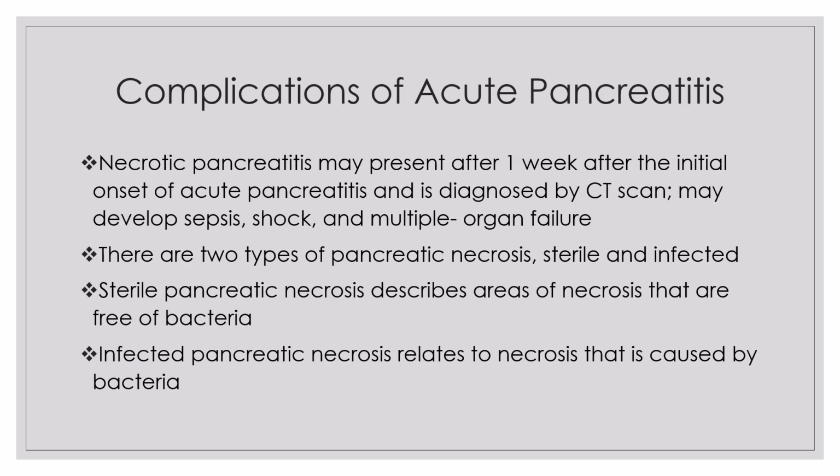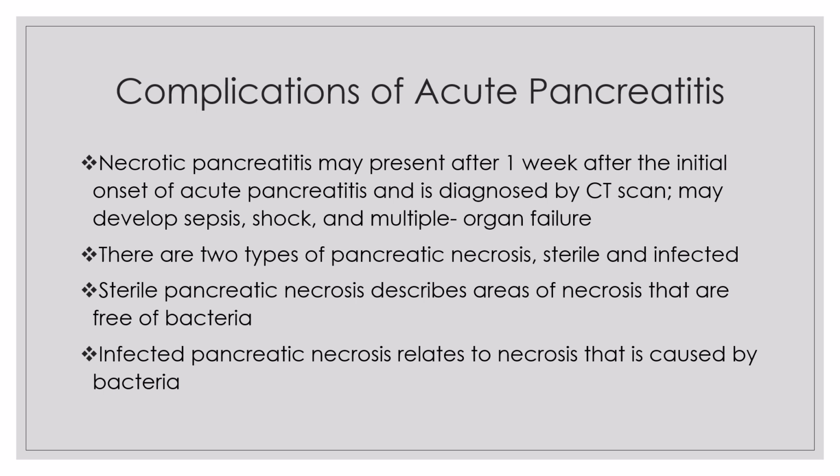So, some complications of acute pancreatitis. Necrotic pancreatitis may present after 1 week after the onset of acute pancreatitis, and it is diagnosed by a CT scan. The patient may develop sepsis, shock, and then multiple organ failure.